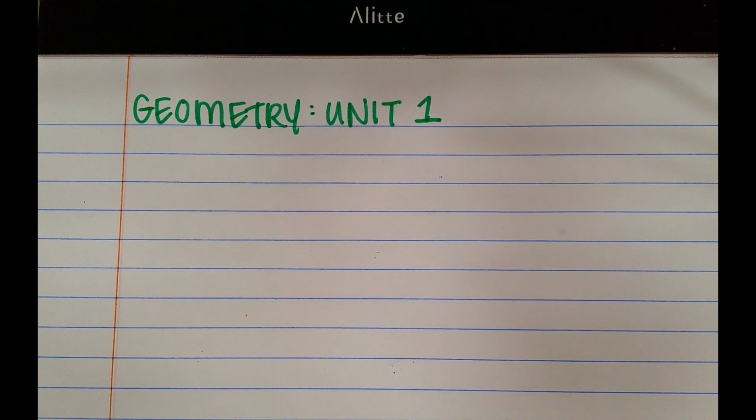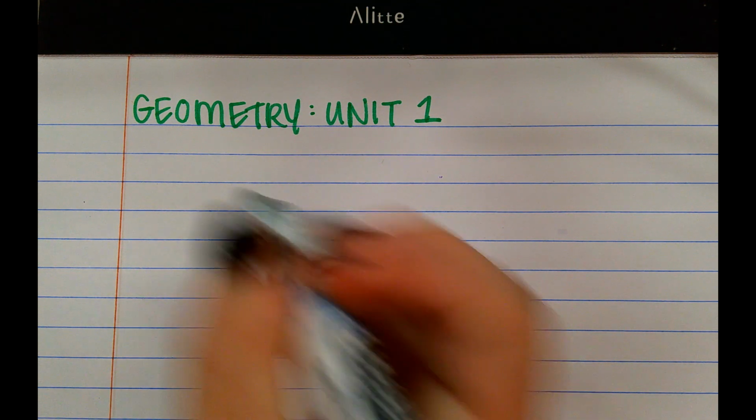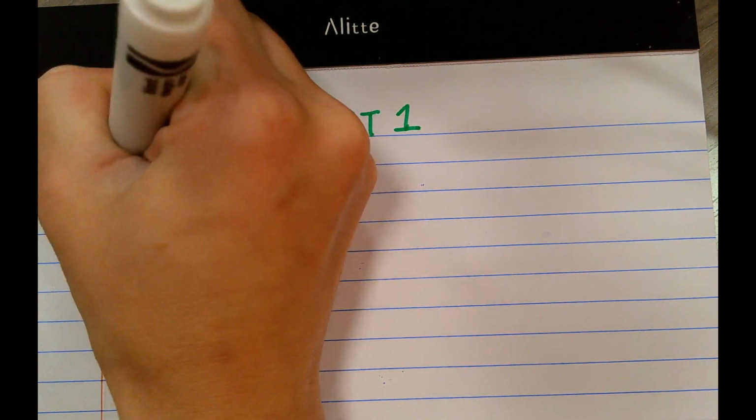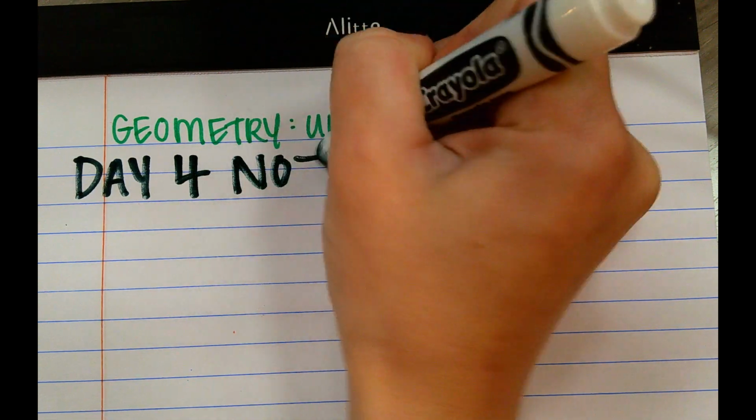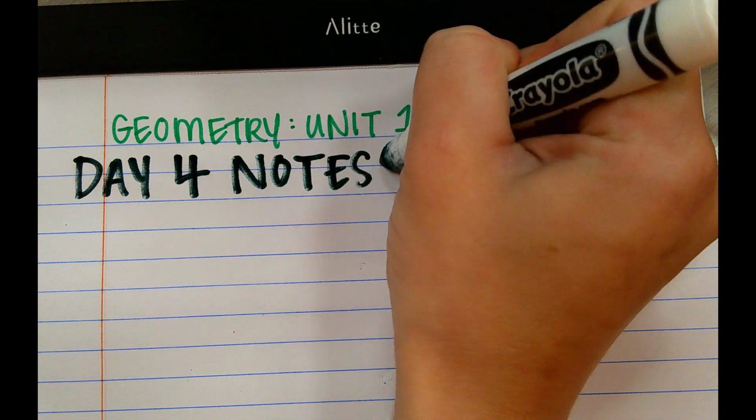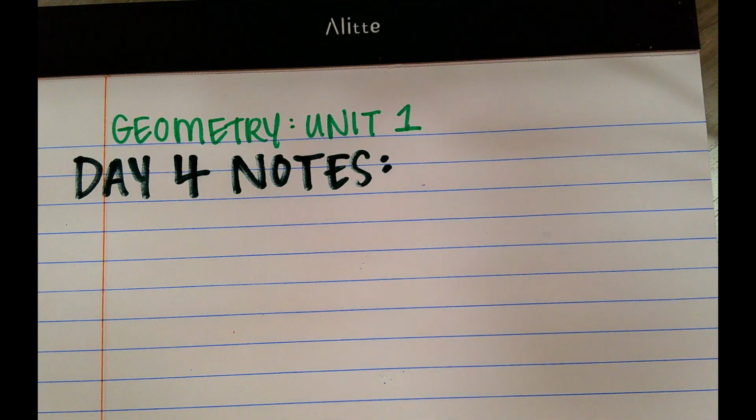All right, so today is day 4, so I will title this as our day 4 notes. How many days do you have left? We have, let's see, I can look at this calendar. So we technically have 31 days, but the last week is day 28, 29, 30, 31, and that's finals week. I do not teach you during finals week.